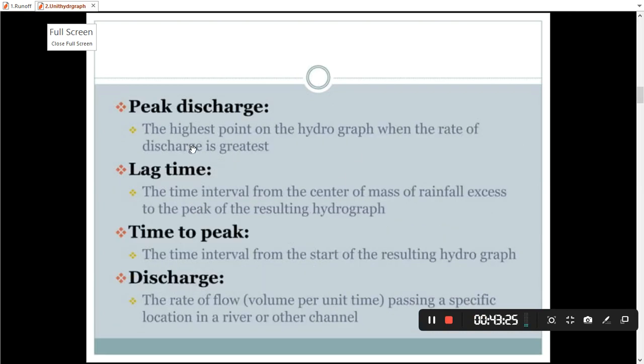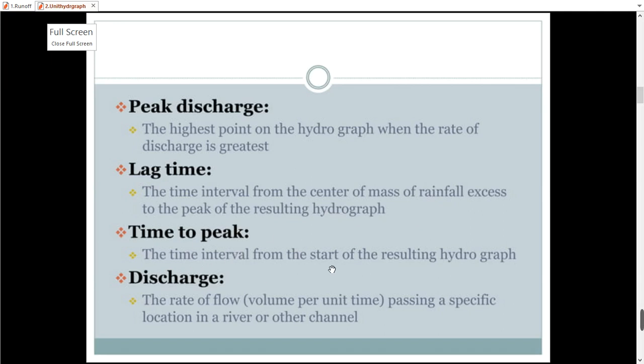The peak discharge is the highest point on the hydrograph, when the rate of discharge is greatest. The lag time is the interval from the center of mass of rainfall excess to the peak of the resulting hydrograph. The time to peak is the interval from the start of the resulting hydrograph.